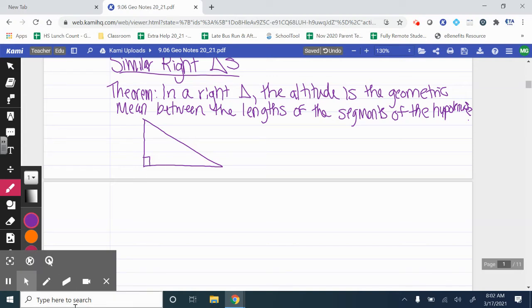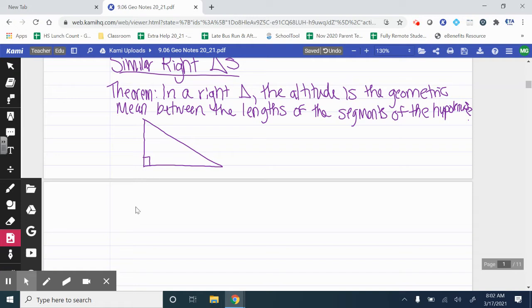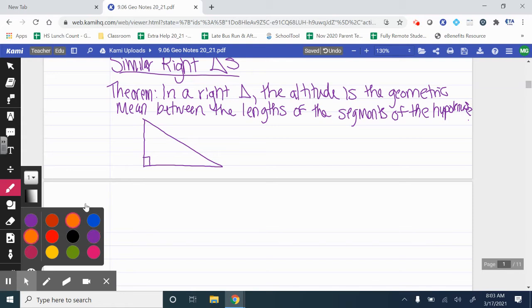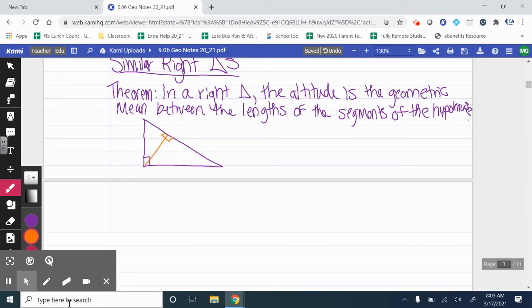So in a right triangle, there's my right triangle, the altitude, so let's drop our, we're going to draw an altitude here. So a line from the vertex perpendicular to that opposite side.